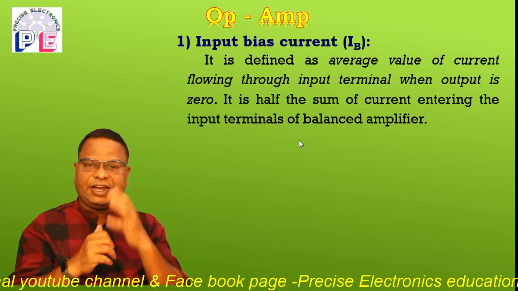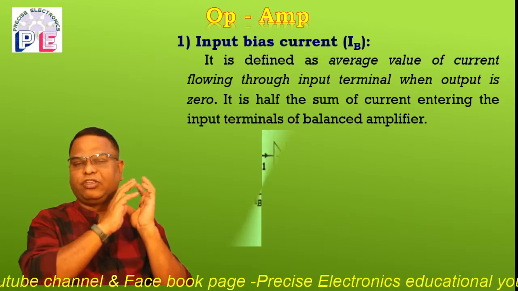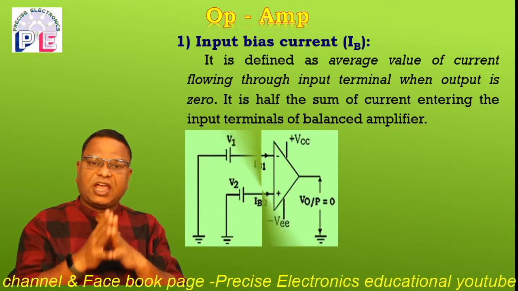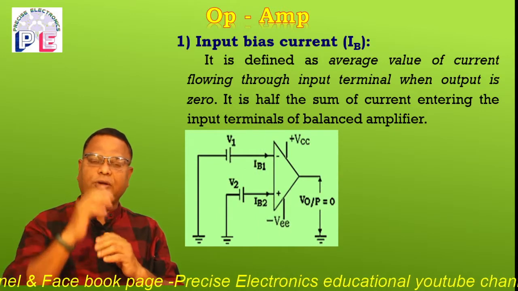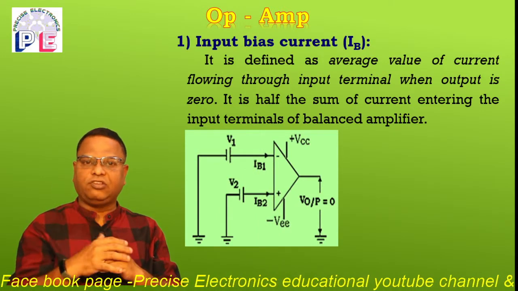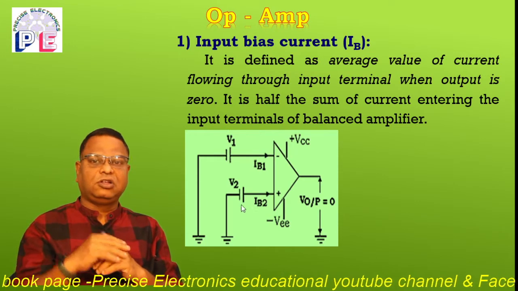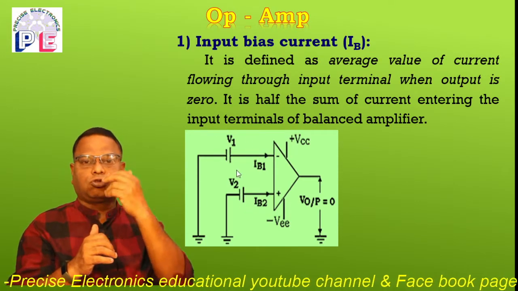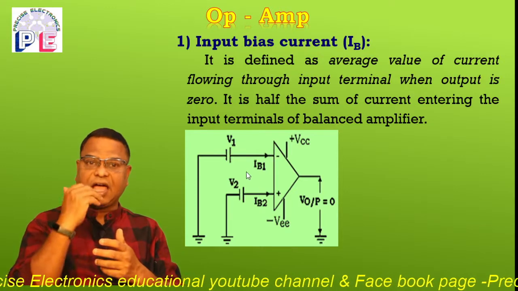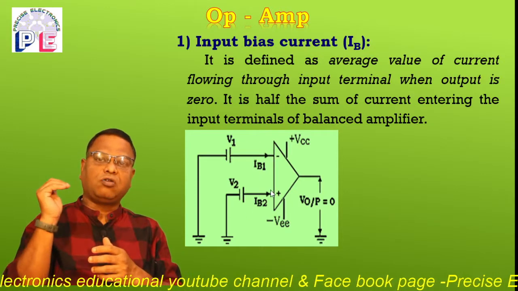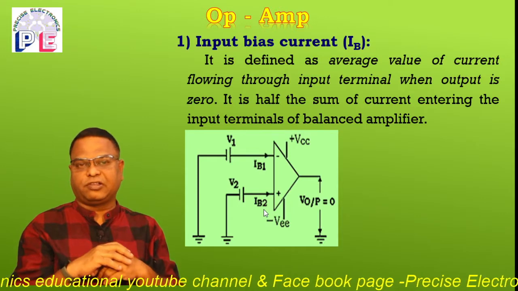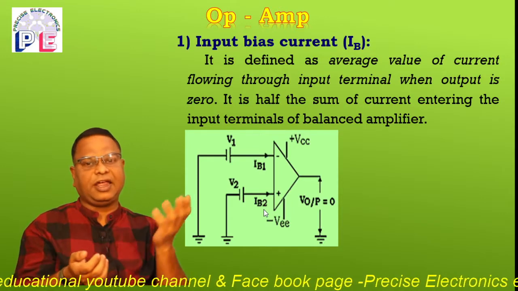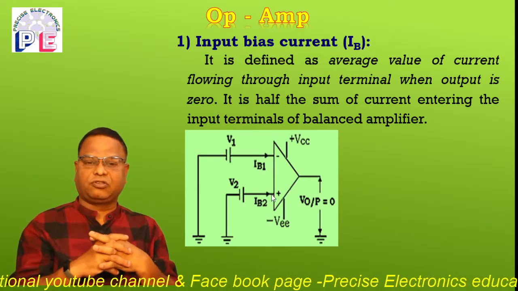Now the circuit diagram of the op-amp is going to be displayed on your screen. From this diagram it is clear that it has two input terminals and two input signals, that is V1 and V2, and because of these input signals the two currents, IB1 and IB2, flow through the inverting terminal and the non-inverting terminal.